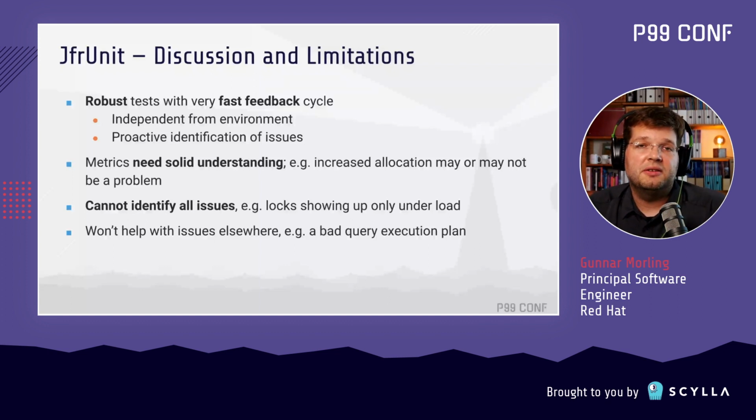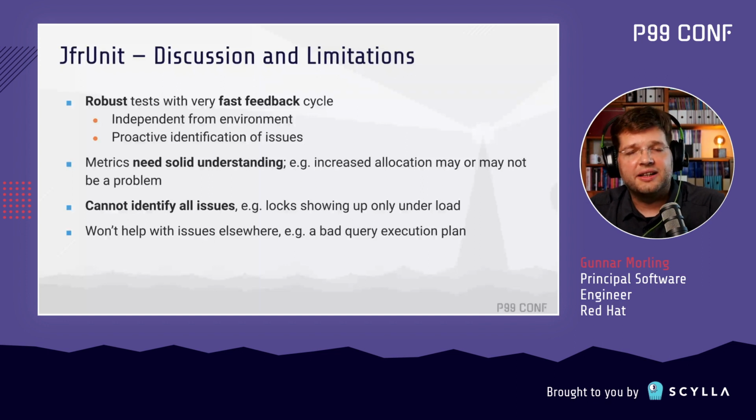Or it could also be that maybe the use case has been expanded, the application is just doing more, and those allocations are justified. So it's something which is a price worth paying. So we need to understand those metrics, and we need to understand why assertions may fail and whether it's actually a problem or not.